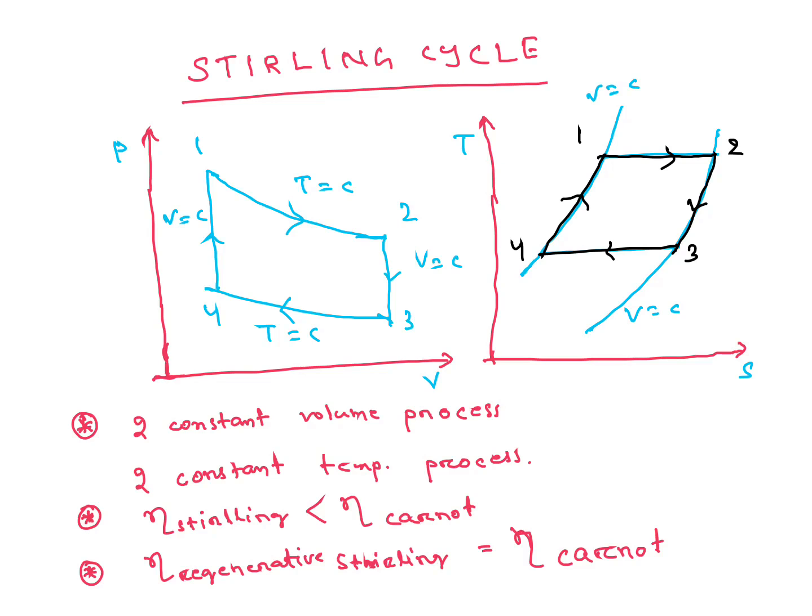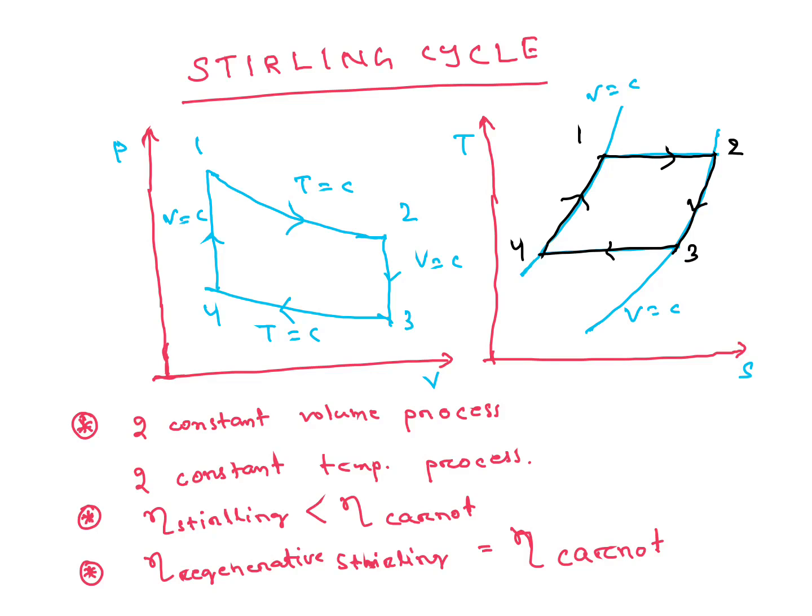Then here important is two constant volume processes and two constant temperature processes, and efficiency of Stirling cycle is less than efficiency of Carnot cycle. But one more thing is important here. Efficiency of regenerative Stirling cycle is equal to efficiency of Carnot cycle.